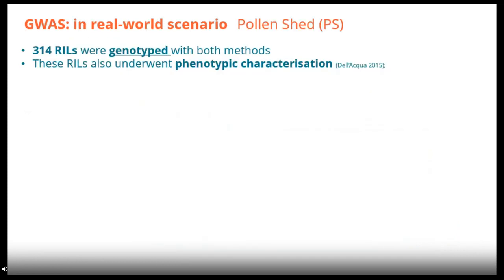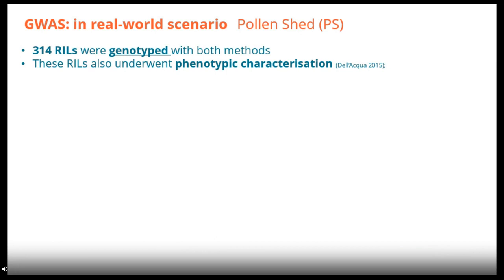Okay, so now we are ready to finally test whether our new genotyping dataset is good for the discovery of interesting genomic regions linked to some of the phenotypes available. As I mentioned before, we have a subset of circa 300 recombinant inbred lines that were genotyped with both methods.